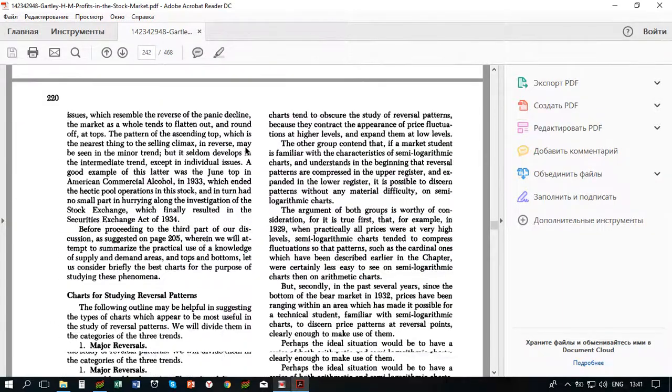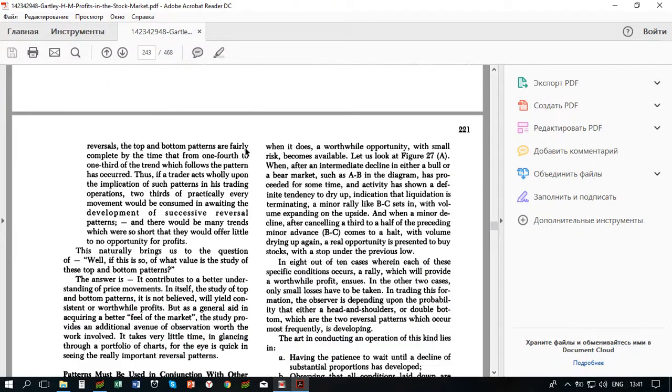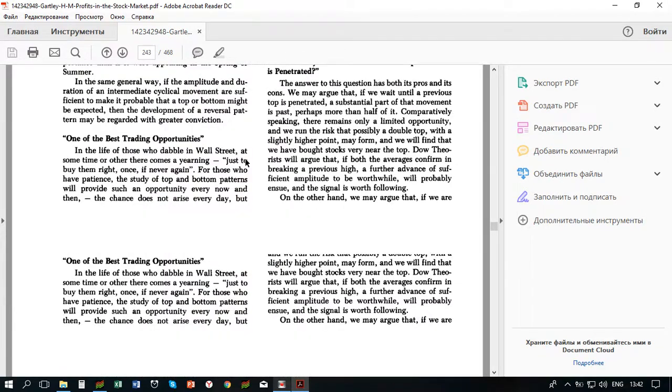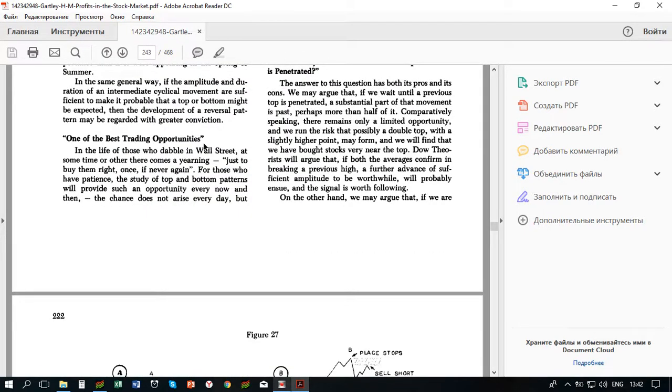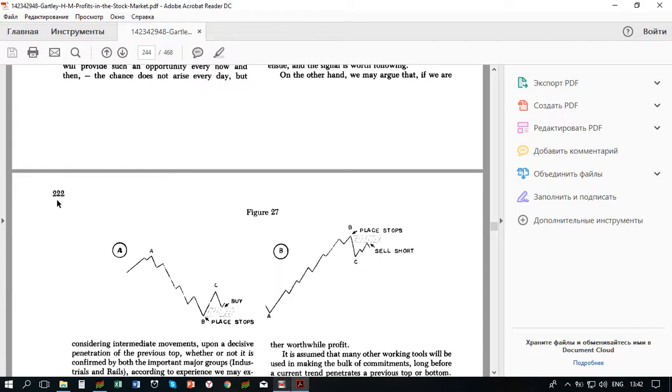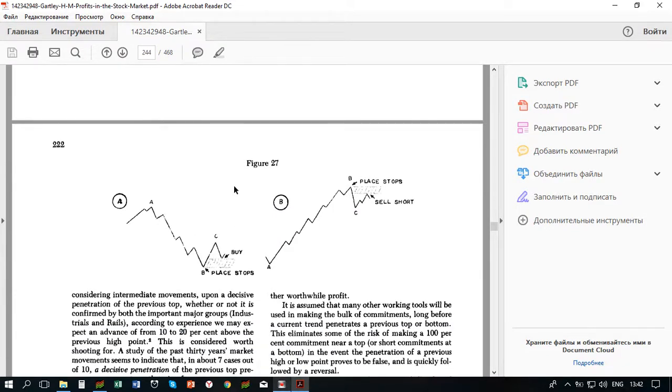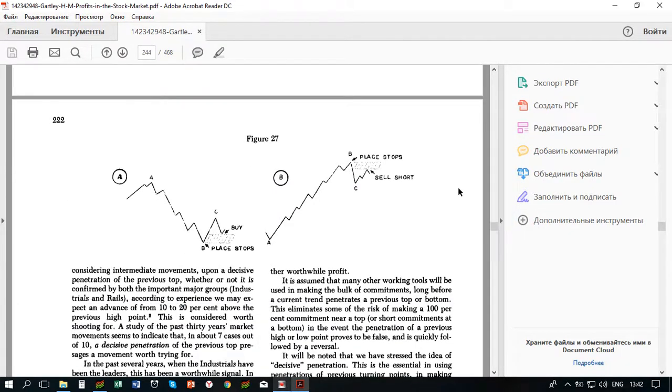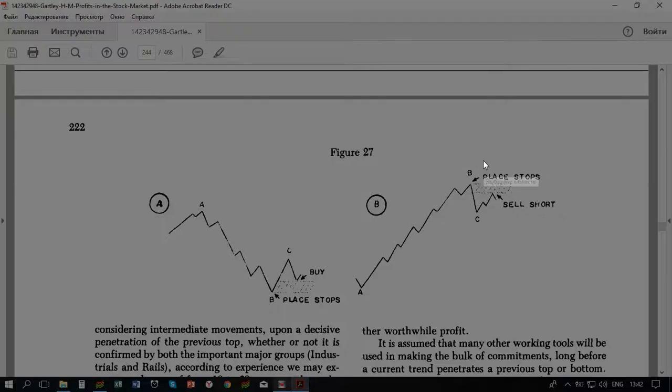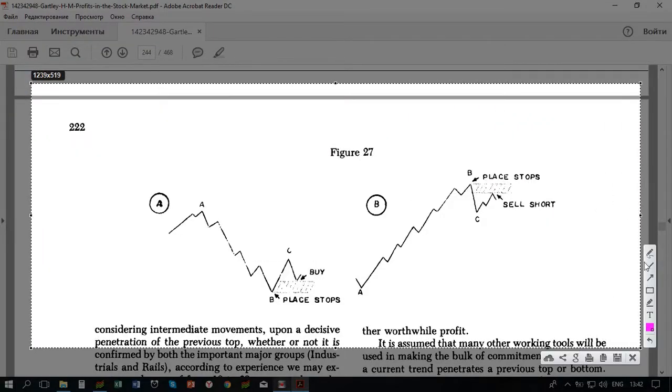On page 221 you will have the description of the pattern that is called one of the best trading opportunities, and on 222 you will have the diagram of this pattern, and it looks this way. You can see a downtrend followed by this, followed by this, followed by this.